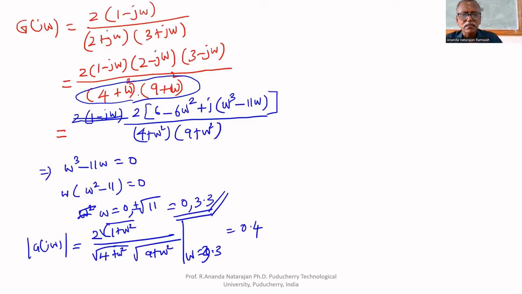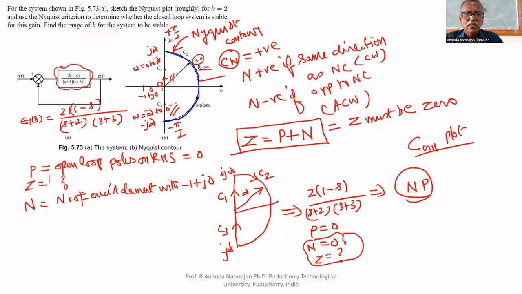Here you see that here the angle is plus 90, here minus 90. The angle is here plus pi by 2, minus pi by 2. The radius is infinity.